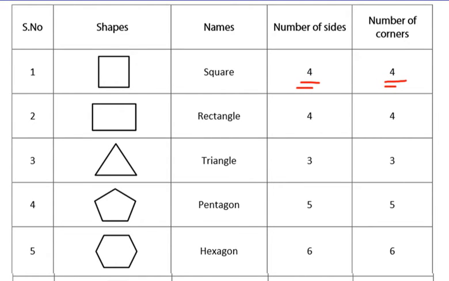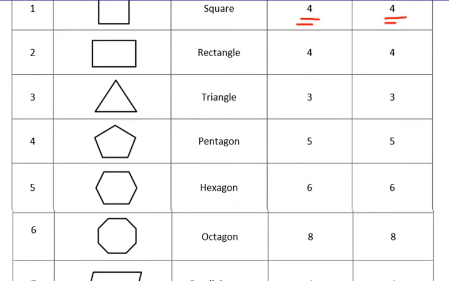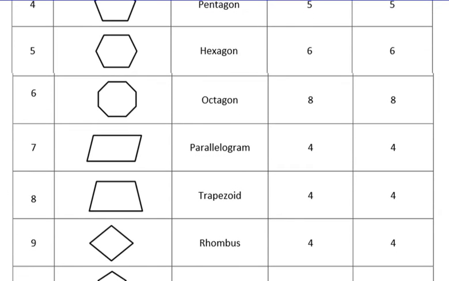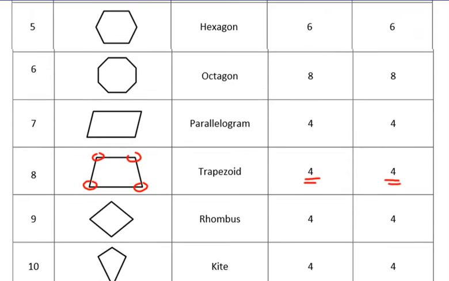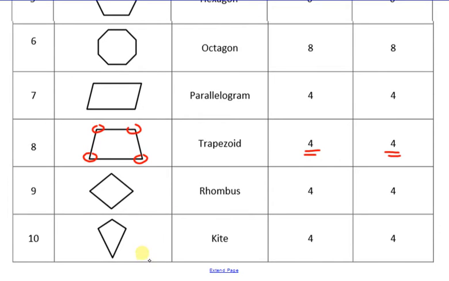And we're going to look at that with 3D figures now as well. So for example, here you have a trapezoid. A trapezoid has 4 sides, and it also has 4 corners. And corners are angles here. Then you have a rhombus and a kite, etc., etc.